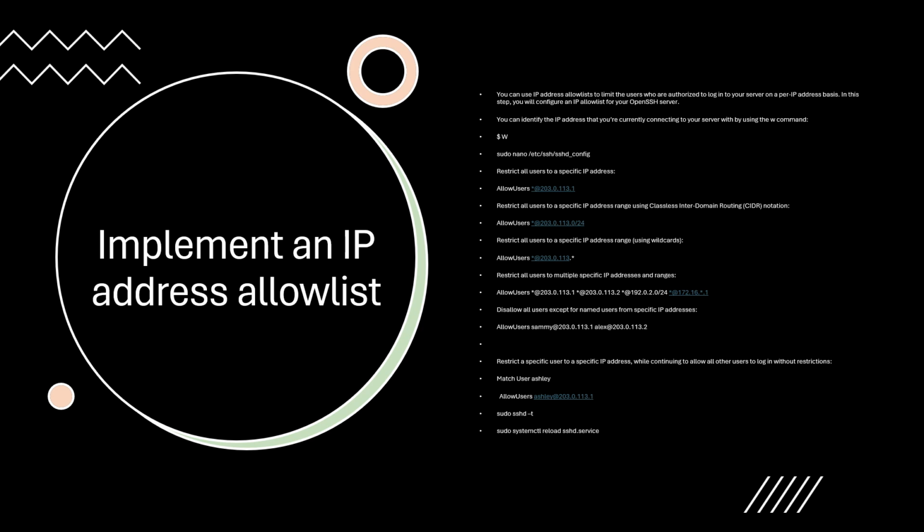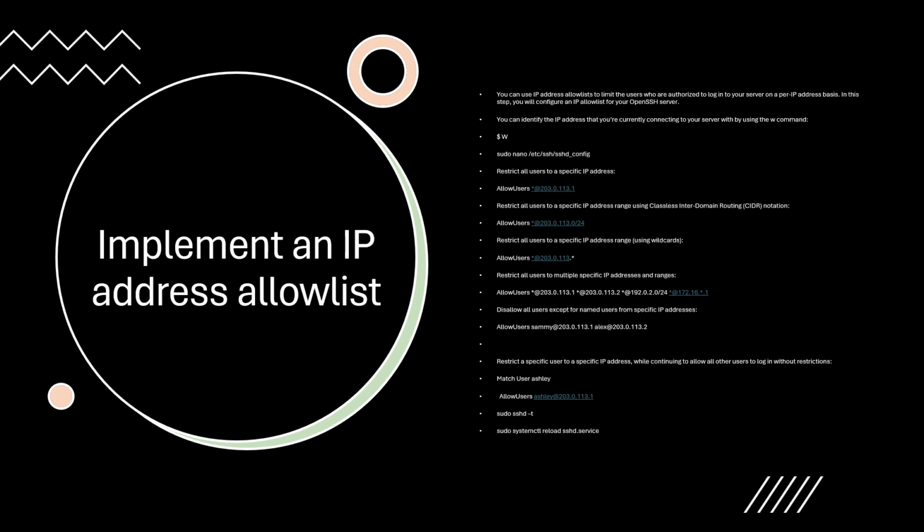This one is 203.0.113.1. Then to restrict all users to a specific IP address range using classless inter-domain routing or CIDR notation, you would allow users at the same IP address, except you would add /24 at the end to allow 24 IP addresses to continue.